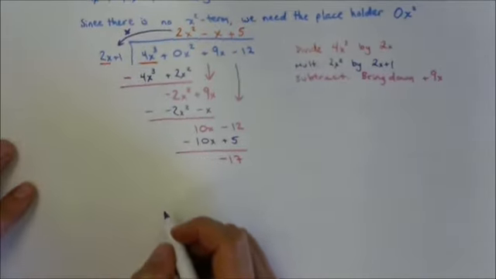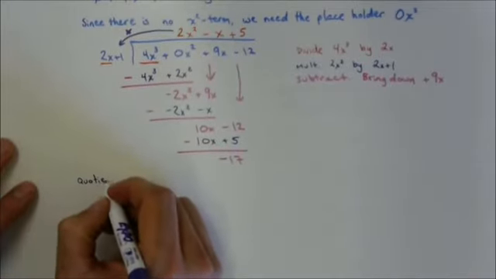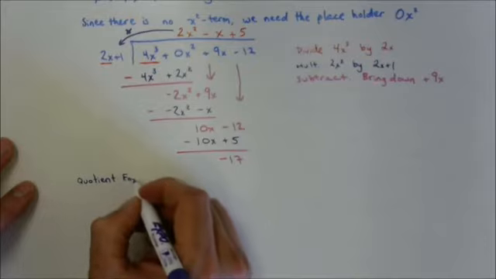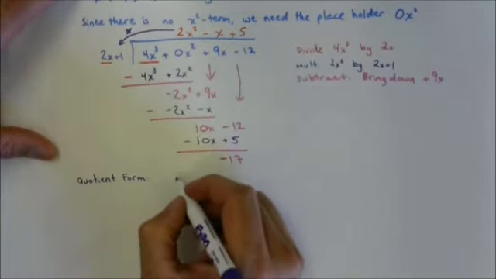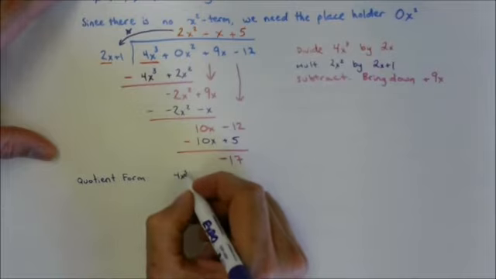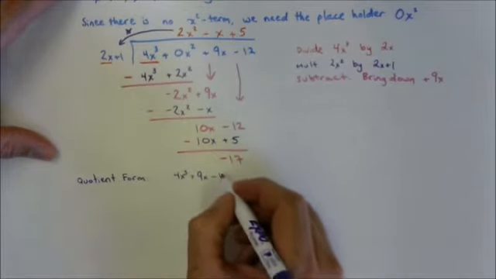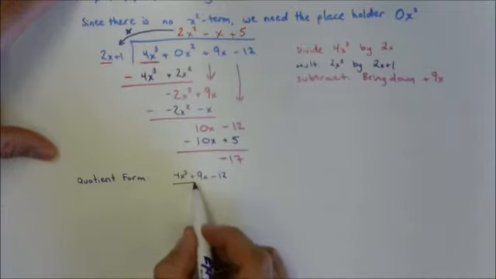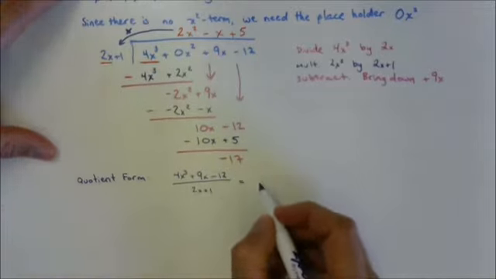So, quotient form. You won't have to write this word if you're doing your practice problems. I just want to keep on reminding you, so that when you look back at your notes, you can find it in like 3 spots when you forget what it is. Quotient form. 4x cubed plus 9x minus 12 over 2x plus 1 is equal to 2x squared minus x plus 5. Notice I don't need my placeholder here anymore.